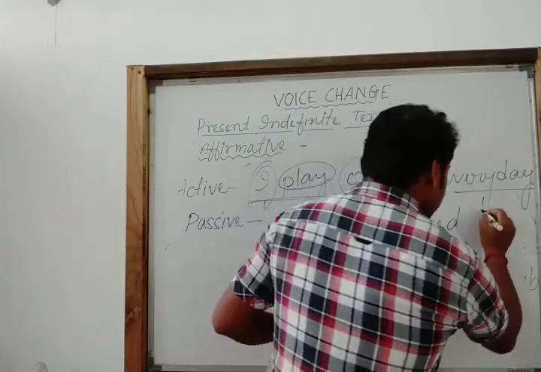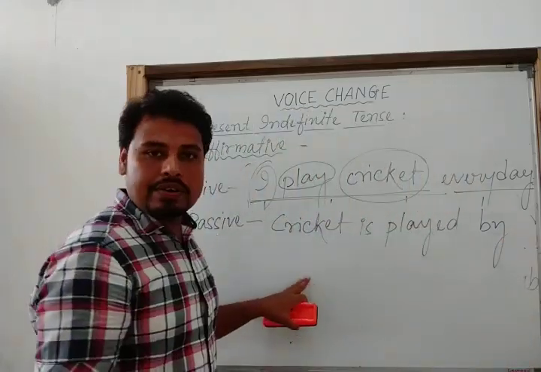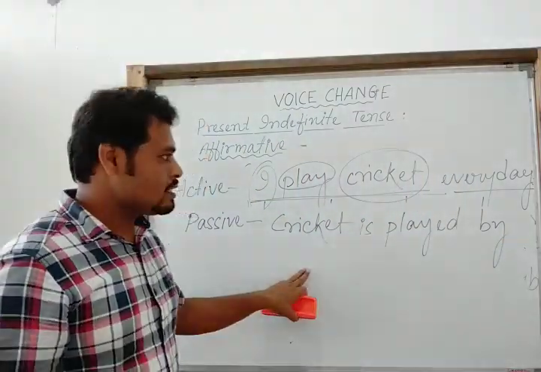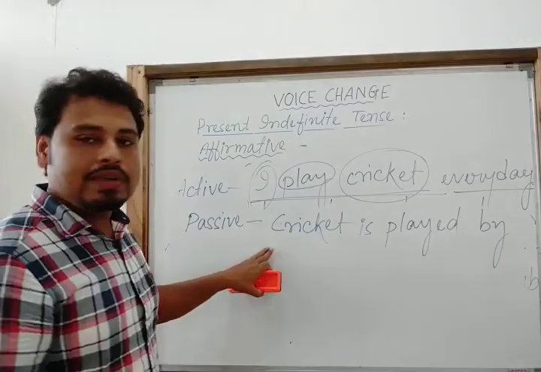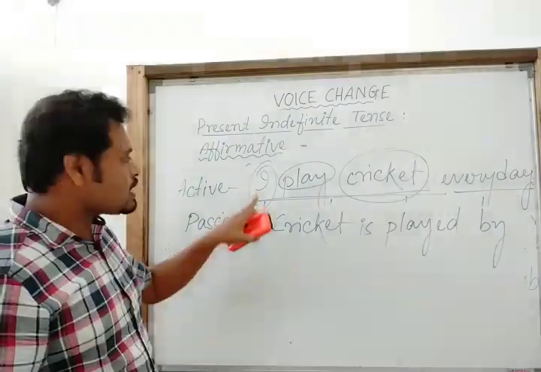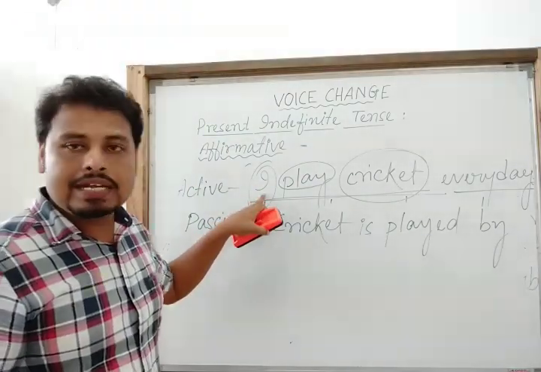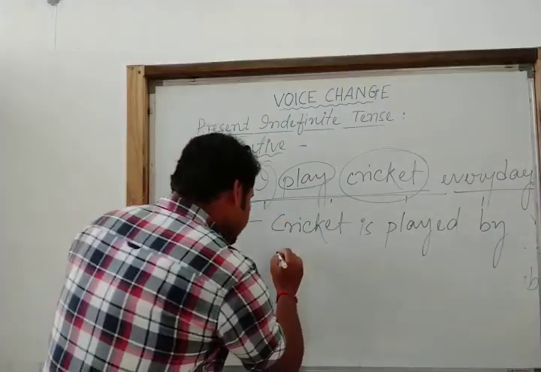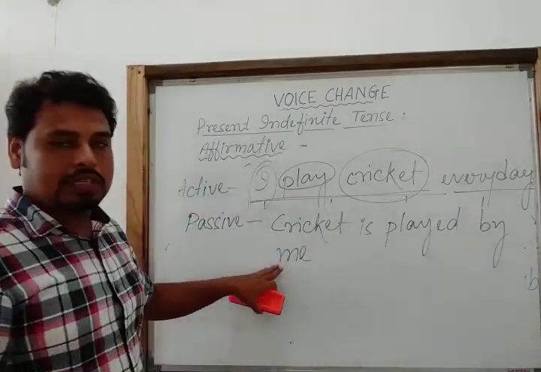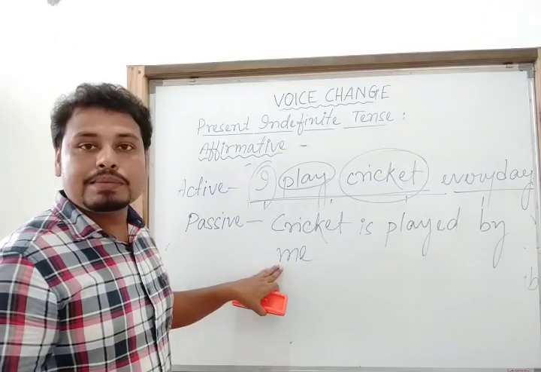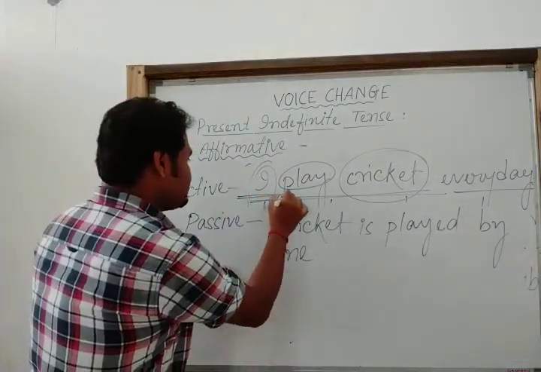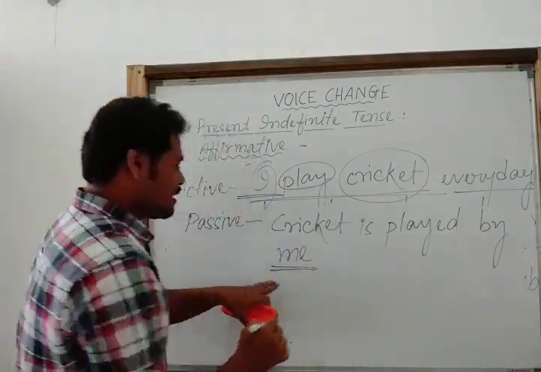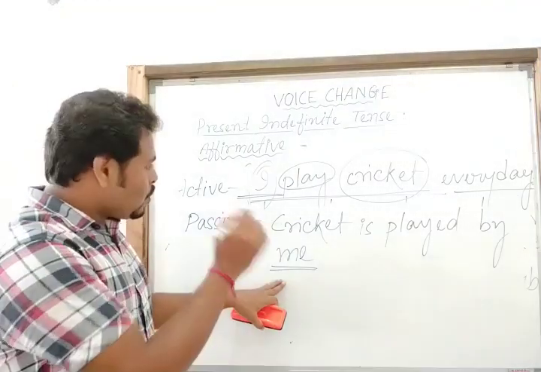After that we generally use "by" in most cases. After that, what do we have to use? The subject of the active voice: by me. Now you can ask a simple question: in active it was "I", in passive it is turning to "me". Why?